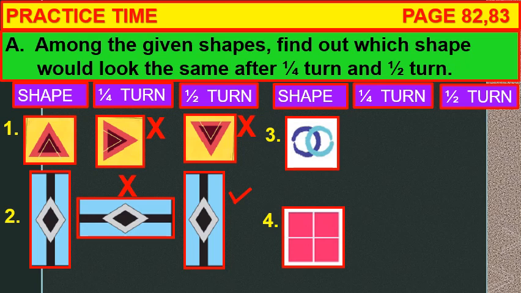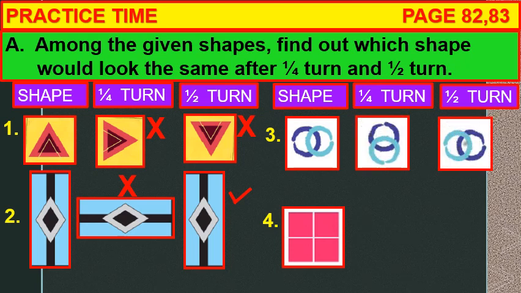Now let us consider the third shape. First, let us give a 1/4 turn and half turn and then see what happens. So both the shapes will not look the same as the original shape after giving 1/4 and half turns.